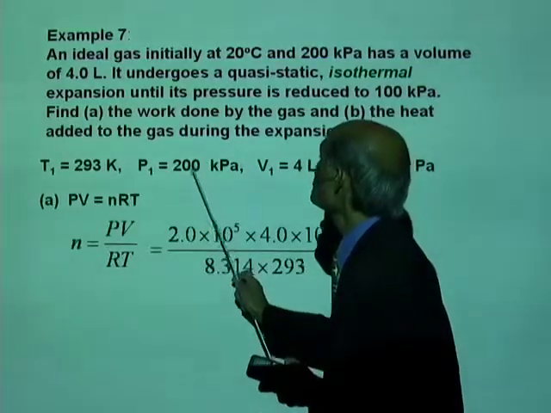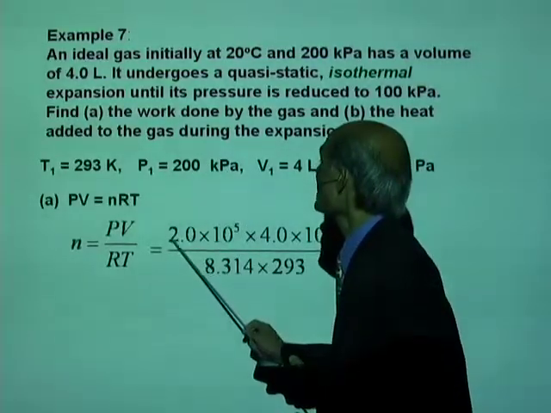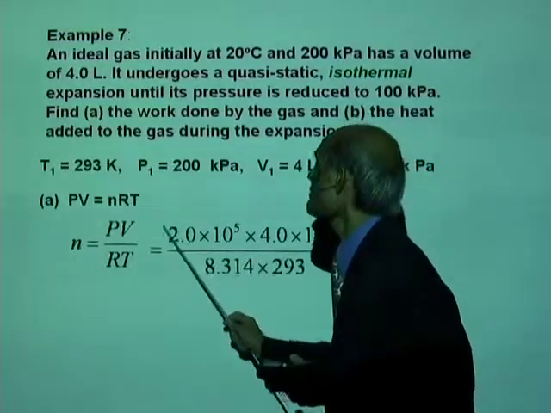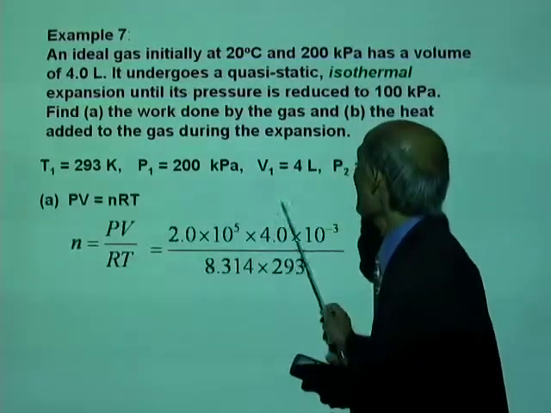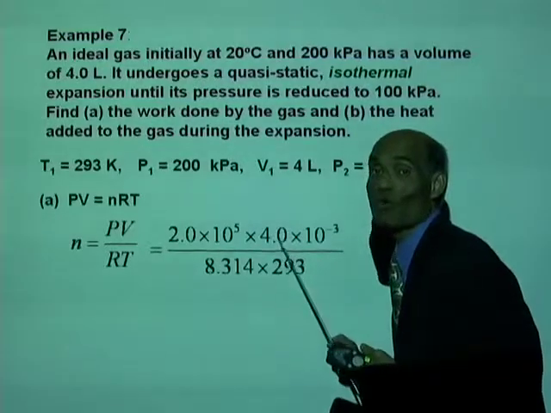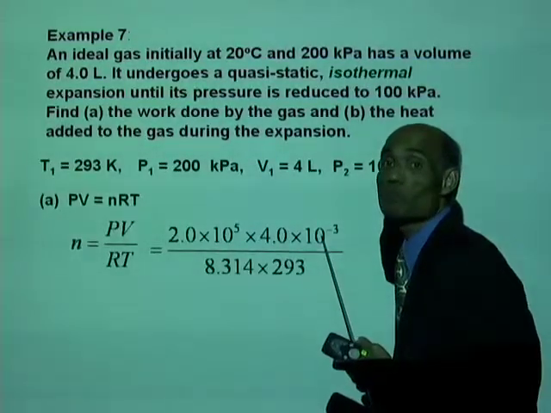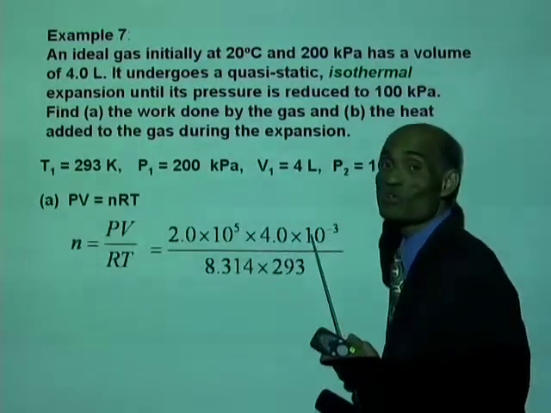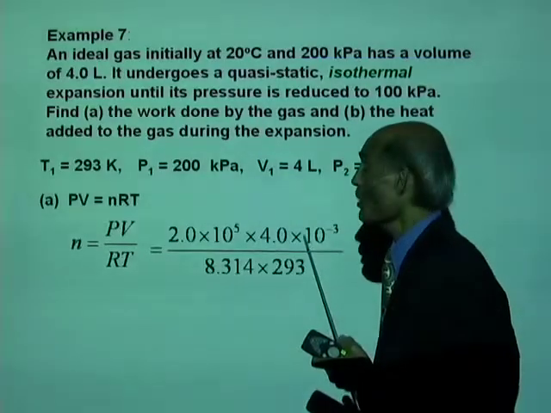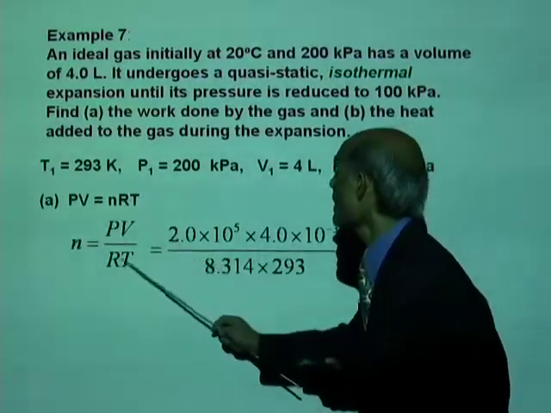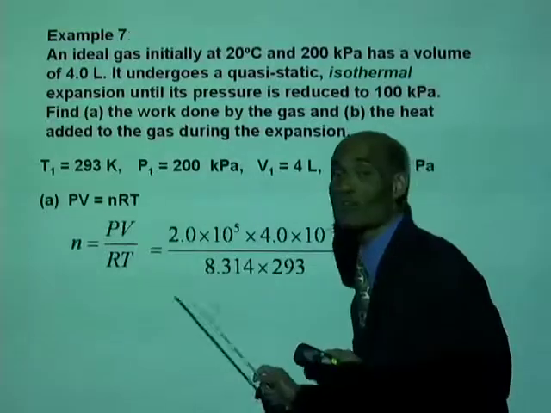P is 200 kilopascals, that is 2 times 10 to the 5 Pascal. V1 is 4 liters, 4 times 10 to the negative 3 meter cube. Always keep the units in the right form. Divided by R, which is 8.314.